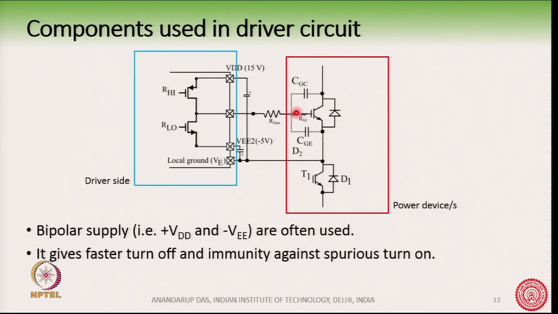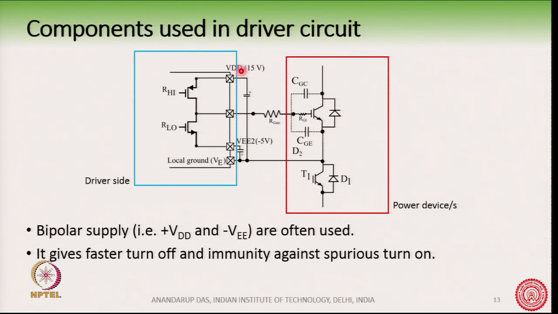So, what we are trying to do here is charge these capacitors up. We can charge this to 15 volt through the VDD of 15 volt, like this. The charging process will basically be controlled by this RC element here, and this will turn on the IGBT.